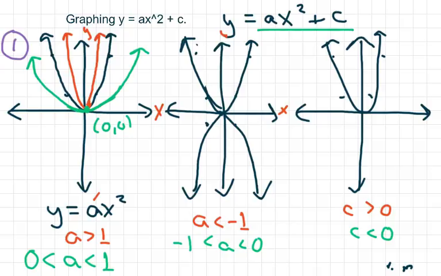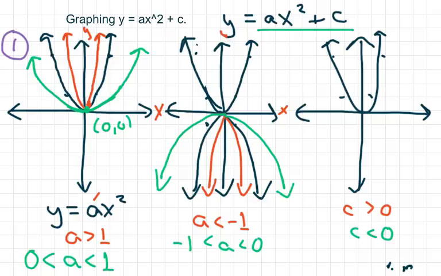Okay, so if it's less than -1, it's going to be narrower. It's a stretch, but a stretch down. And if it's fractional but negative, then it's wider and it goes down. Again, we'll talk about these later. Now, the C part is the vertical shift up and down.